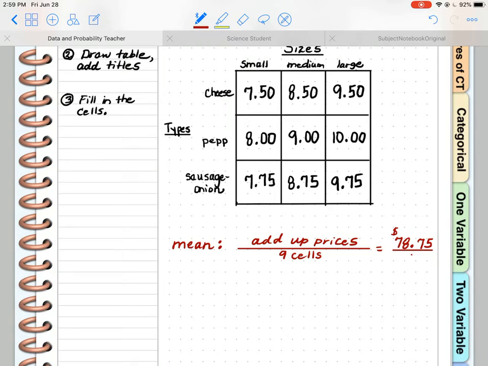And I have 9 choices. So I'll divide that total by 9. So the mean price of a pizza is $8.75. Some of them are more than that, and some of them are less than that. But the mean average price is $8.75.